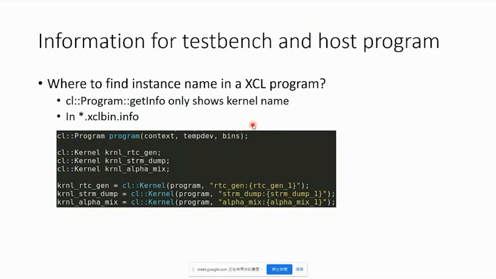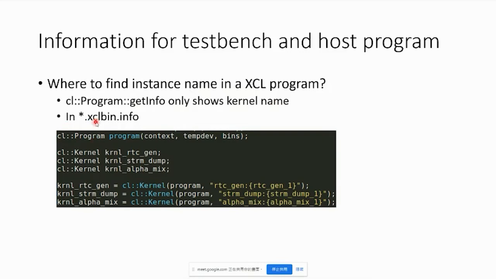Okay, another thing to mention is the information for the test bench and host program. Where to find the instance name in an XCL program, because the get info only shows the kernel name. There's no instance name.